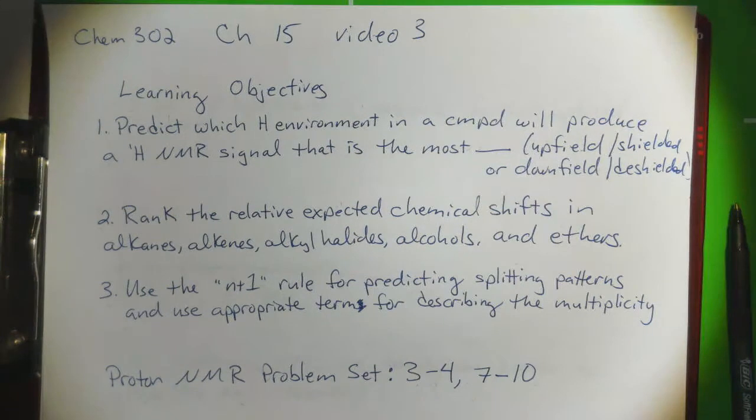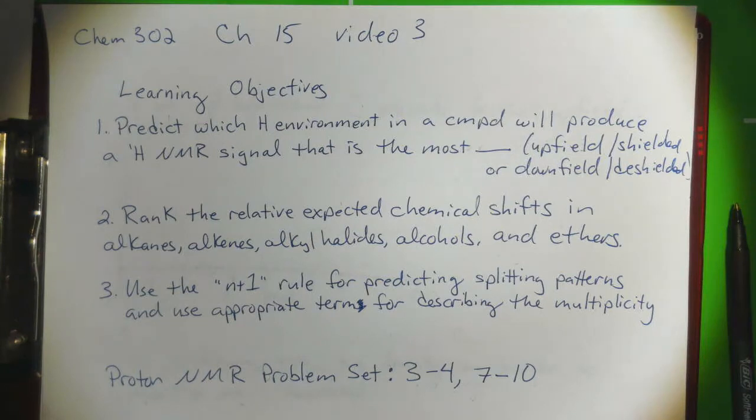Some learning objectives for this video today. By the end of this video, you should be able to predict which proton environment in a compound will produce a proton NMR signal that is the most upfield or shielded versus the most downfield or deshielded.